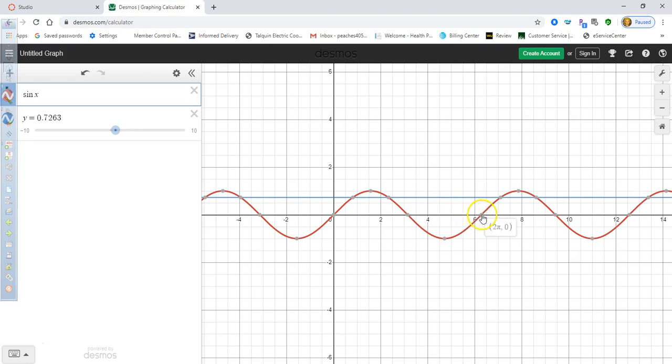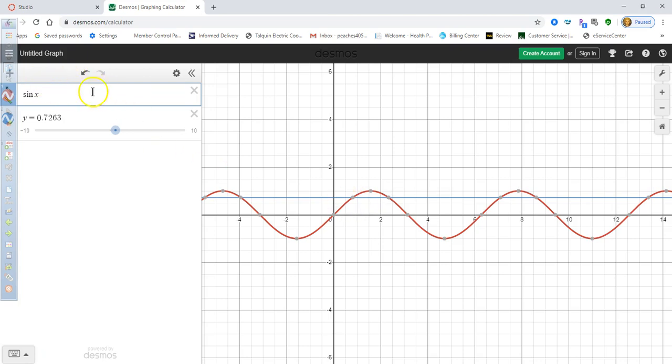Now, right after, see, there's my 2 pi, so I know it can't be anything after this mark here. These 2 marks, 0.813 and 2.329, those are in radians. So I took those and multiplied them by 180, divided them by pi, and that's how I got your angle measures. So this is exactly what you want to do.